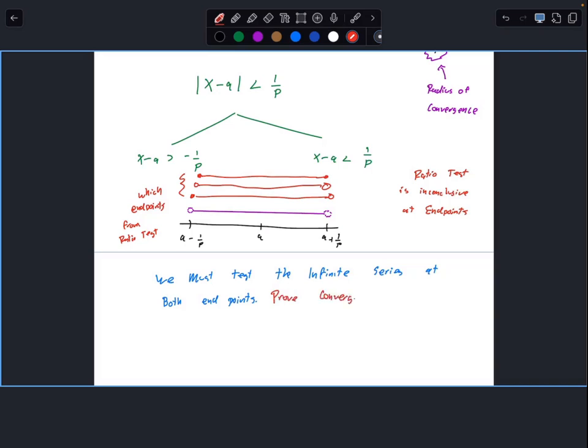Prove convergence or divergence using proper techniques.